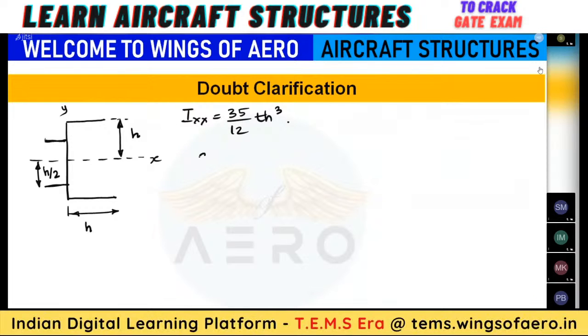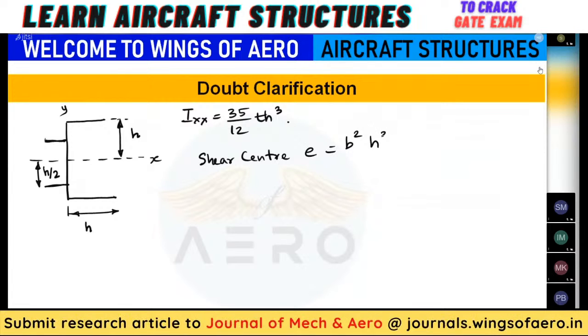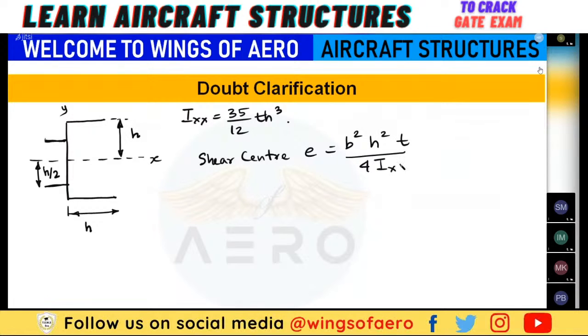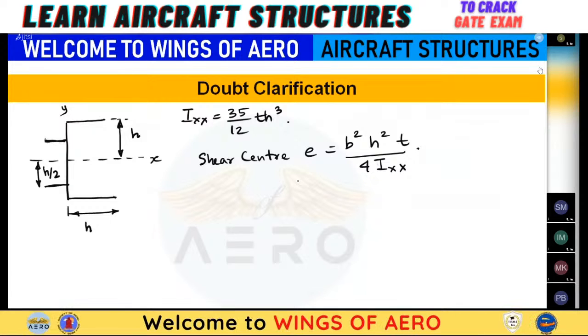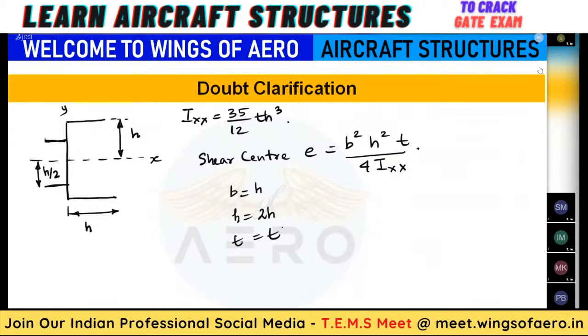So the shear center is b square h square t by 4 Ixx. This is the general formula for this. Here b defines h, h defines twice of h, t is constant, the thickness is constant t, and Ixx has been given over here.